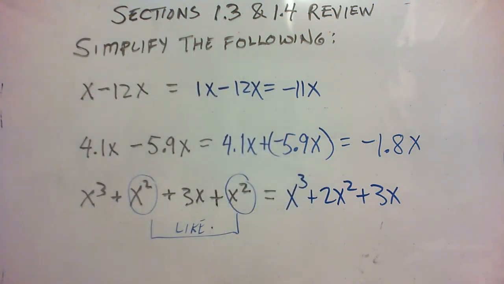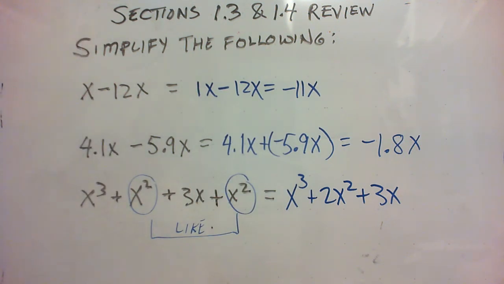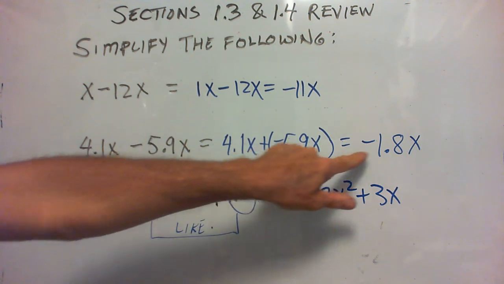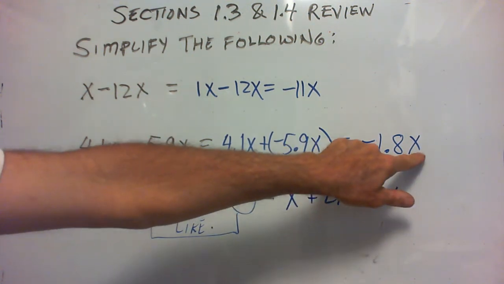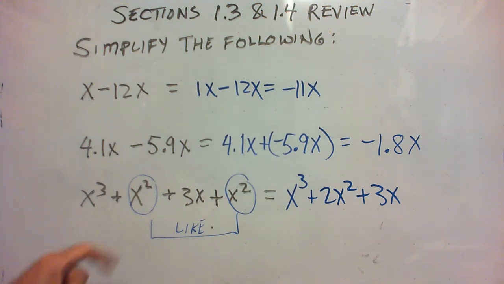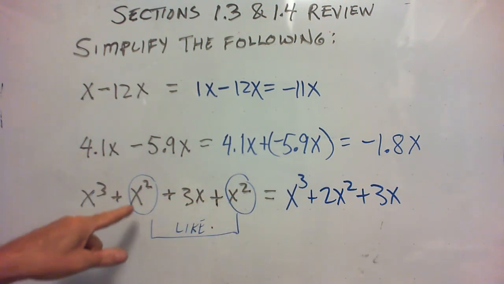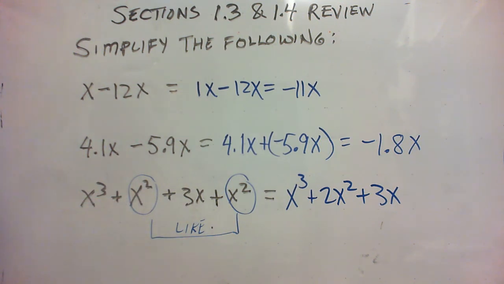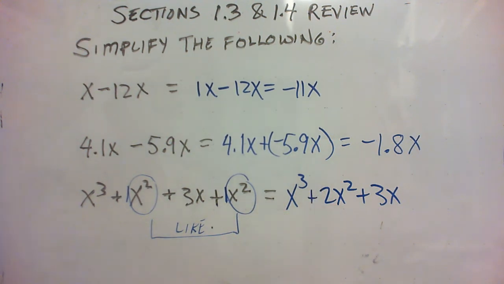Might be easier to combine those decimals, and using that method of absolute values, they're different by 1.8, but it's a negative 1.8x. In the third problem, only the x squares are like terms. So we can combine the 1x squared and another 1x squared to make 2x squares. The other terms cannot be combined.